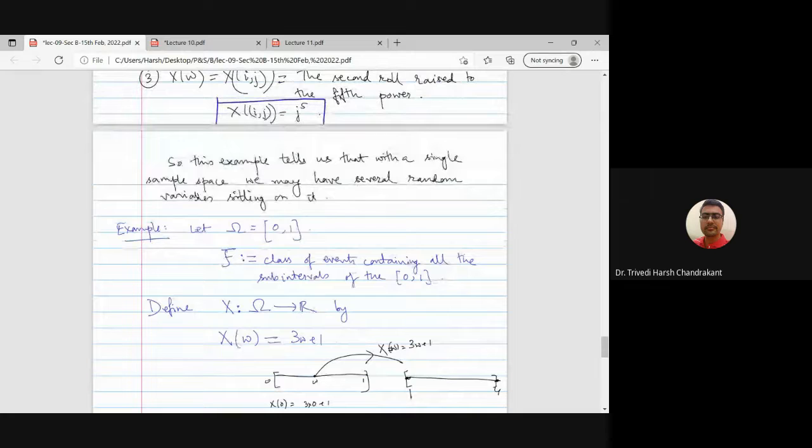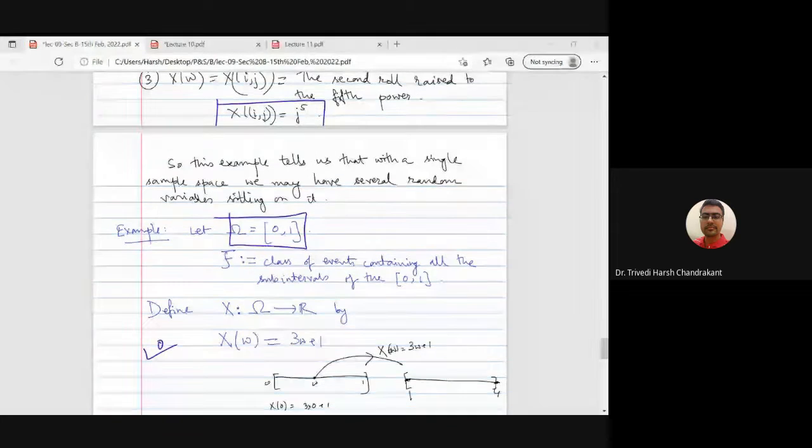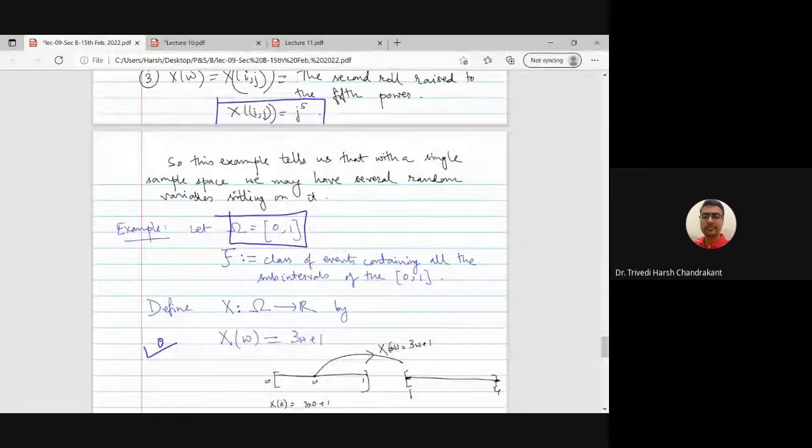The last example has an uncountable sample space. We know that intervals are uncountable sets. On the interval, we define the family F, that is, the class or algebra of events.